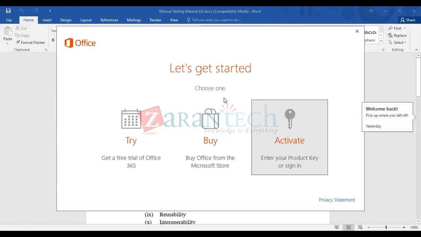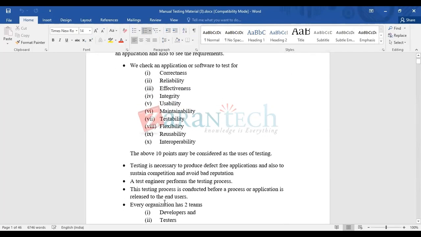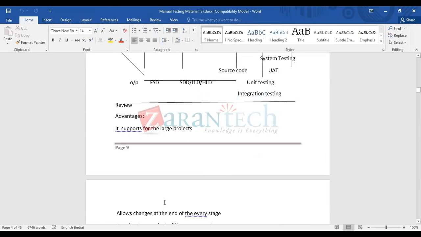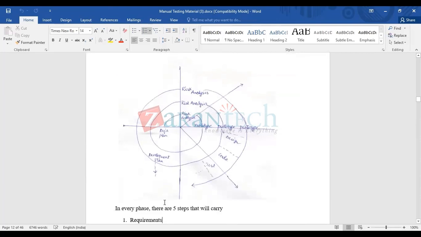So we have entered into the software testing lifecycle. Yesterday we completed unit testing and integration testing, right? At unit level we have given unit testing, and at integration level we have given integration testing. Then we entered into system testing.